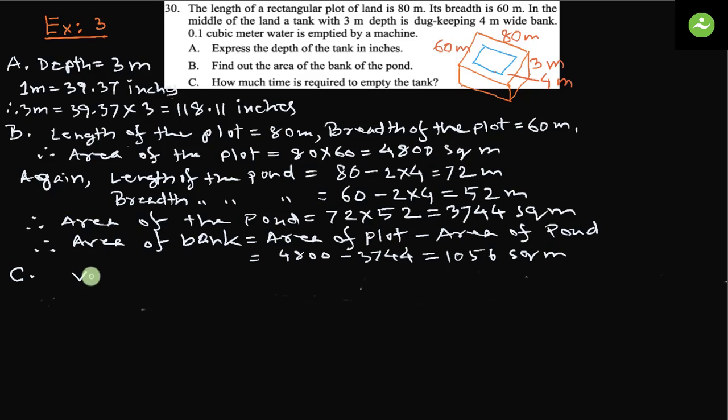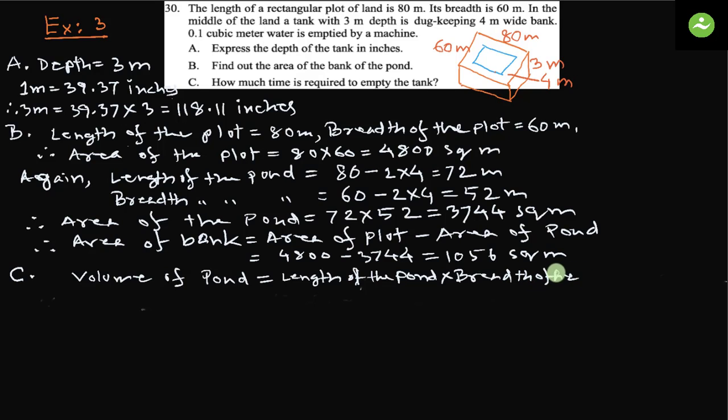So volume of pond equals to length of the pond multiplied by breadth of the pond multiplied by depth.